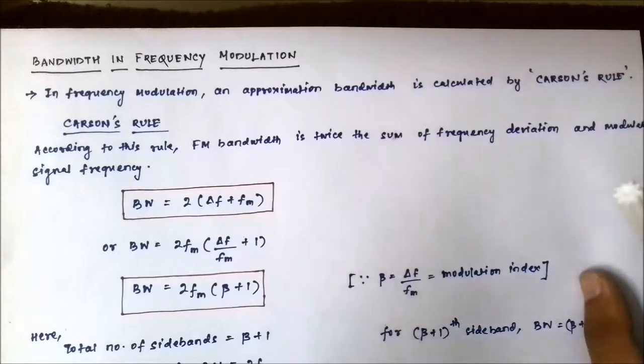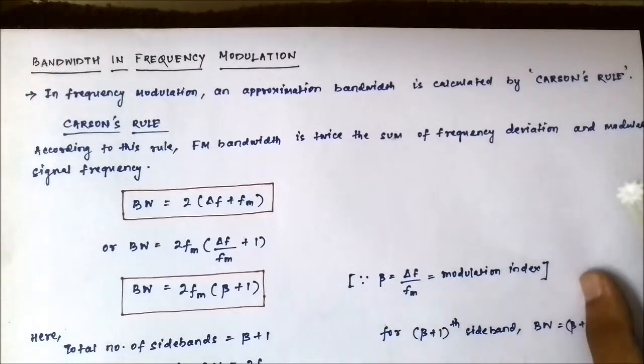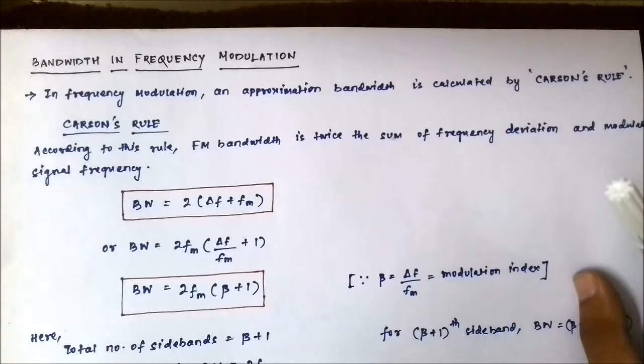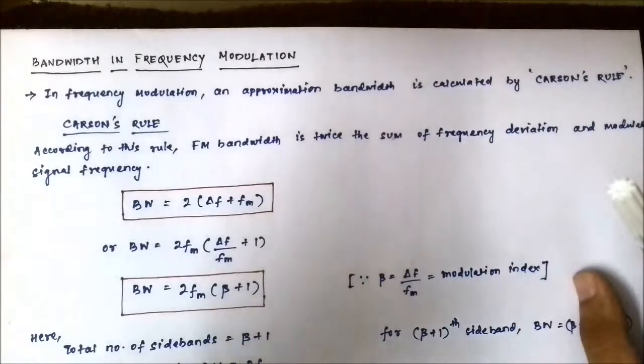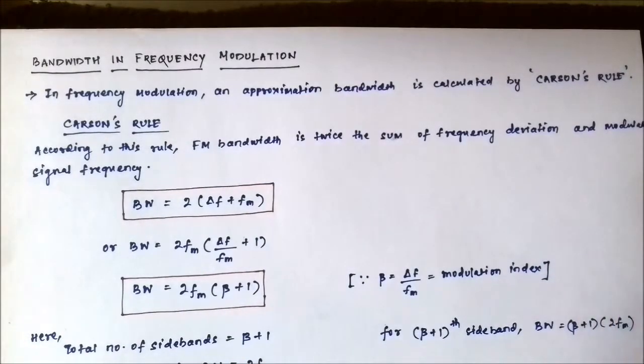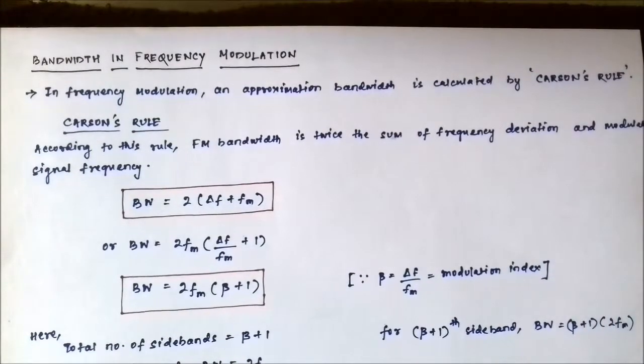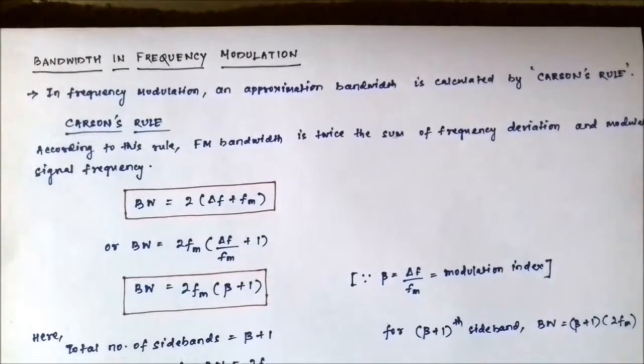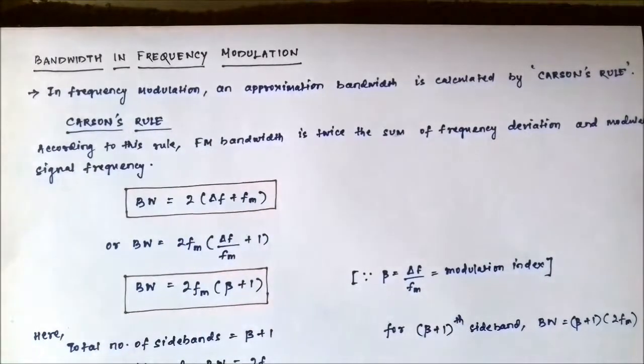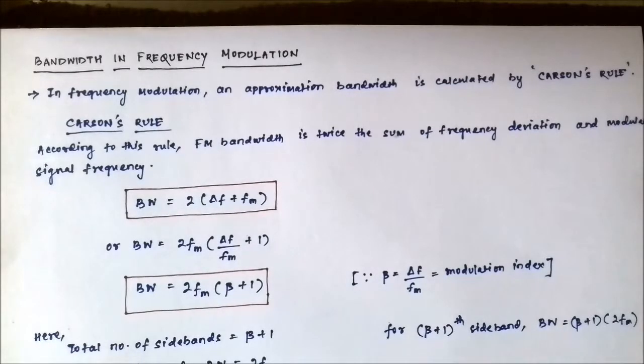But in frequency modulation, the number of sidebands is very high. So it is very difficult to calculate the bandwidth. So in general, in frequency modulation, the formula for bandwidth is given by Carson's rule. This rule is used to calculate the bandwidth in frequency modulation.